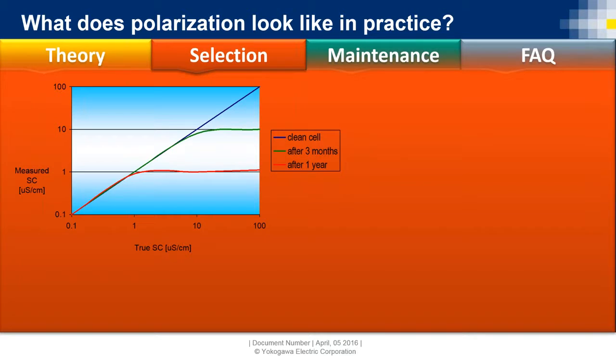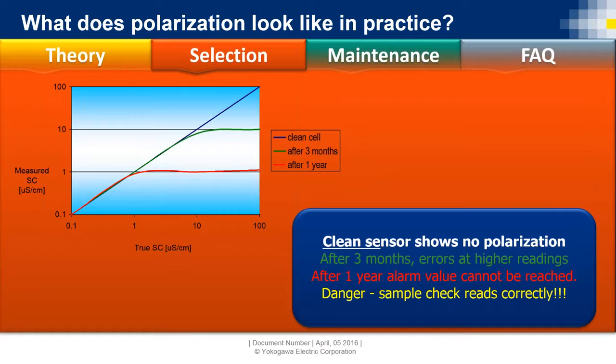This can happen in a short period of time, or it can happen within months to over a year. So it is very common to see polarization occur that we may just think is a fouled sensor, and we just take it out, clean it, put it back in, and it starts working. Then it actually does it again.